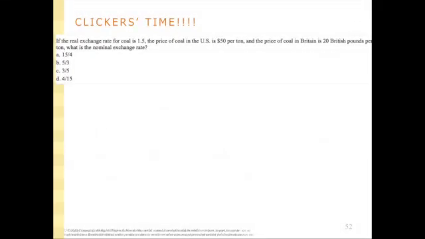Let us look at this example. If the real exchange rate for coal is 1.5, so E times P over P star is equal to 1.5, the price of coal in the US is $50 per ton, and the price of coal in Britain is 20 British pounds per ton. What is the nominal exchange rate? Well, here we just have to plug these numbers in. So we have E times 50 divided by 20 is equal to 1.5.